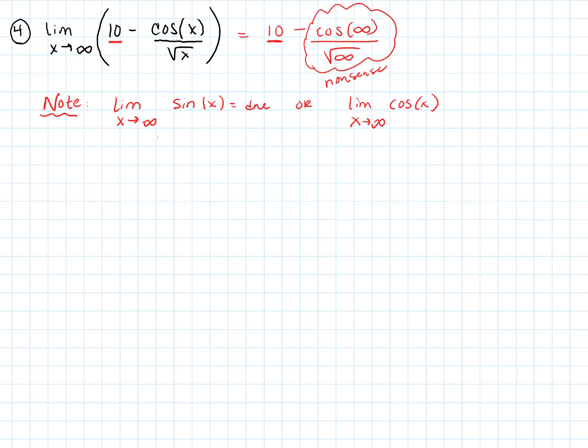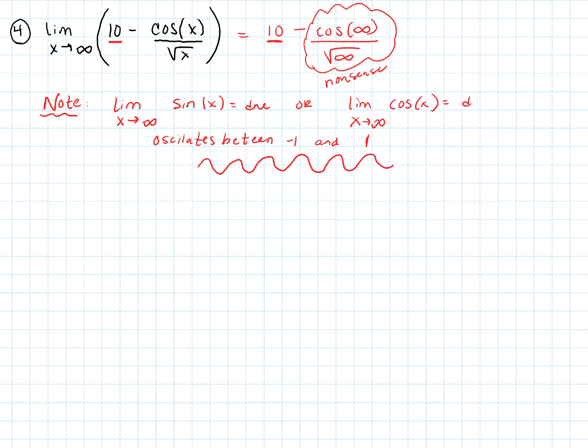The sine of x is oscillating. It oscillates between -1 and 1. If we think of what the sine curve looks like as we go out towards infinity, we've got this curve.